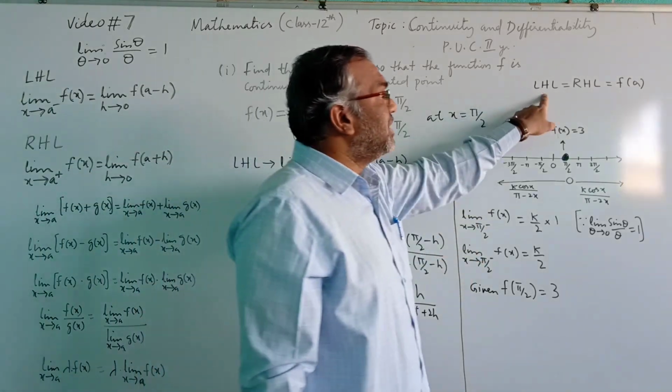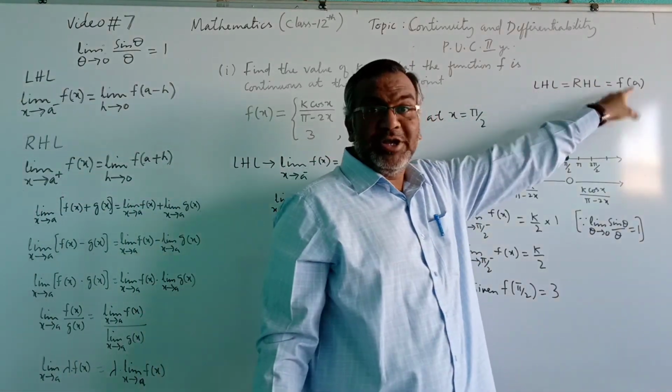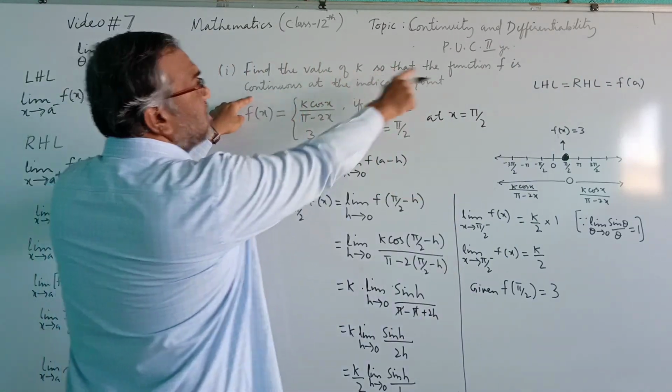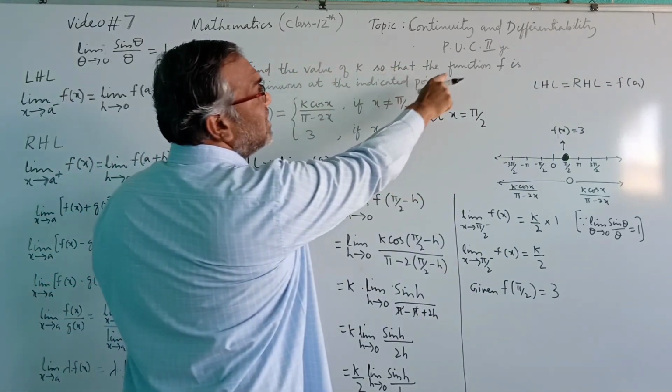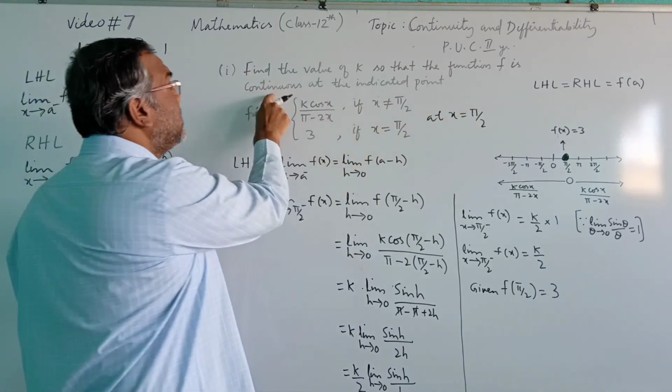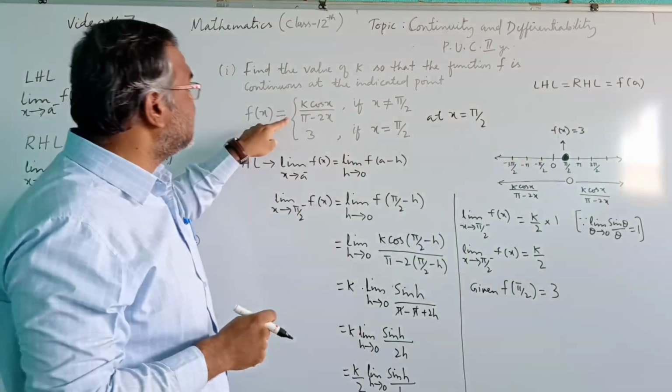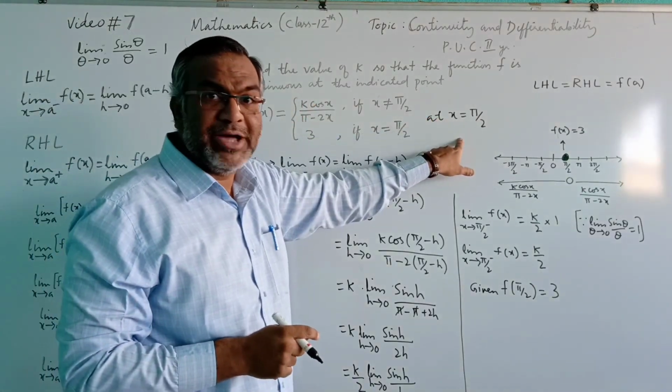Now, the left hand limit must be equal to the right hand limit if the function is continuous, and the question says that the function is continuous. Find the value of k so that the function f is continuous at the indicated point. It is already given that this is a continuous function at x is equal to pi by 2.